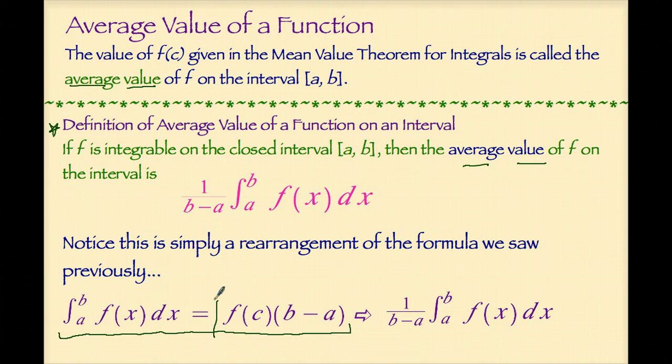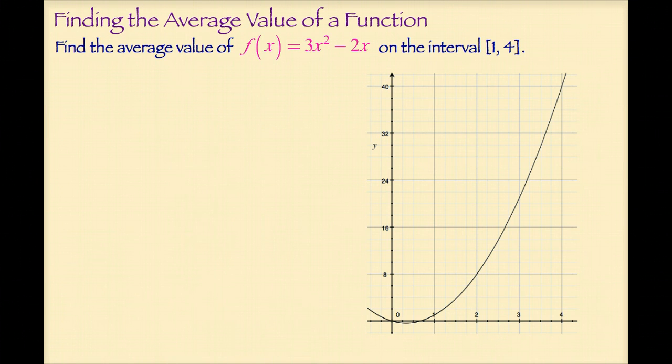Since we have determined that this is the average value, to solve for it, we divide both sides by b minus a. So now that results in this formula: 1 over b minus a times the definite integral from a to b of f of x dx is equal to f of c. And this f of c, this function value at some c, is the average value of the function.